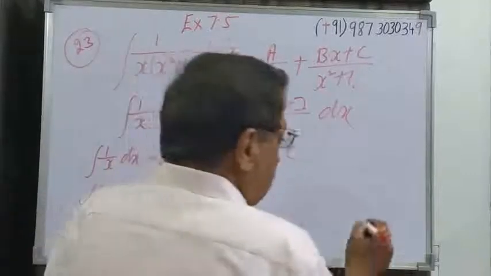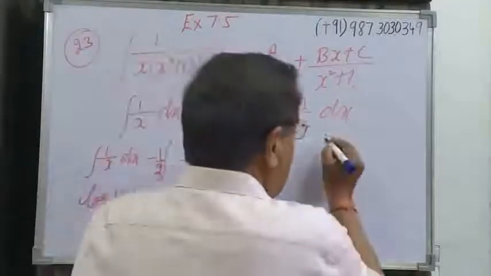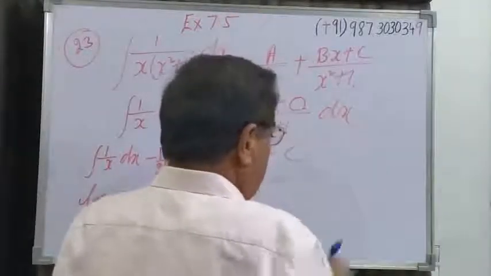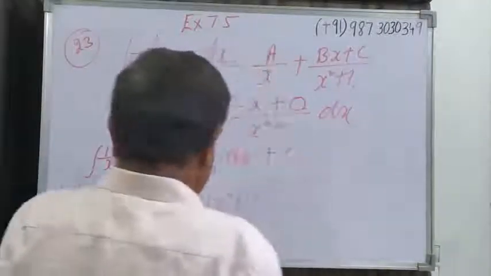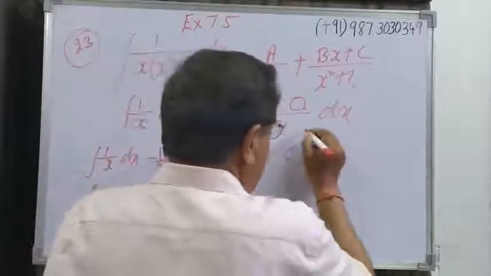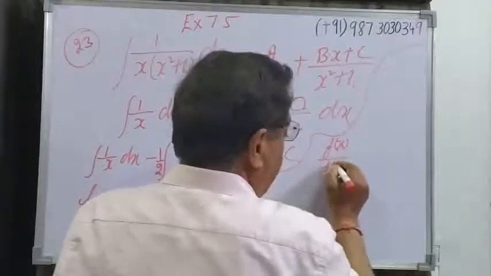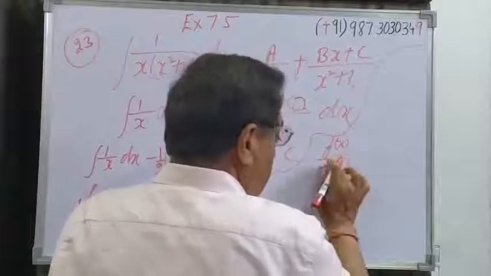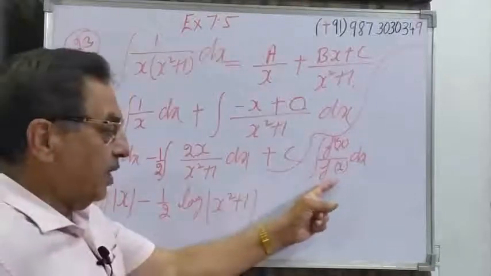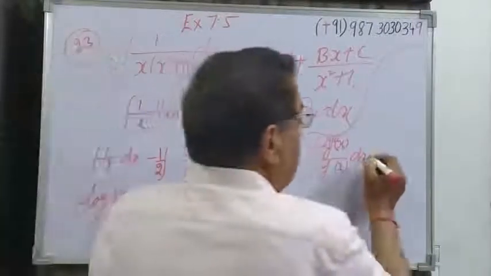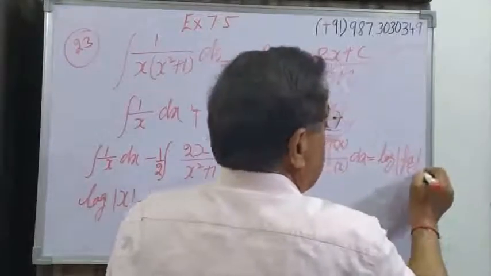So whenever there is a function and its derivative, for example, suppose your function is in the numerator, and in the denominator there is the derivative, then we have f dash x divided by f x dx. Taking the function as t, the derivative gives dt, and its answer can be straight away written as log of f x plus c.